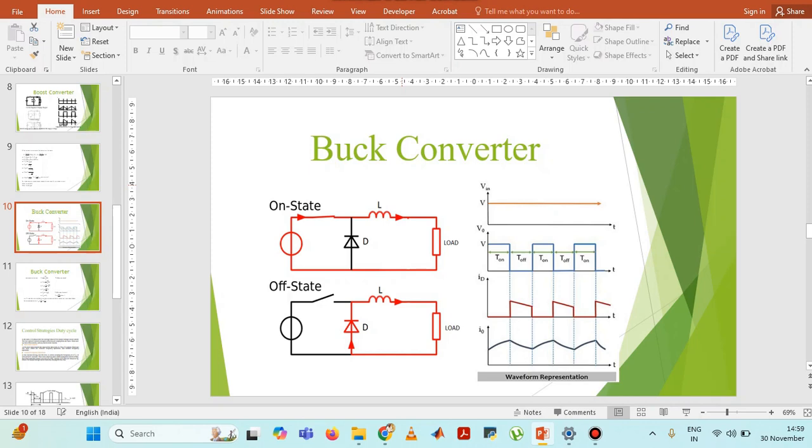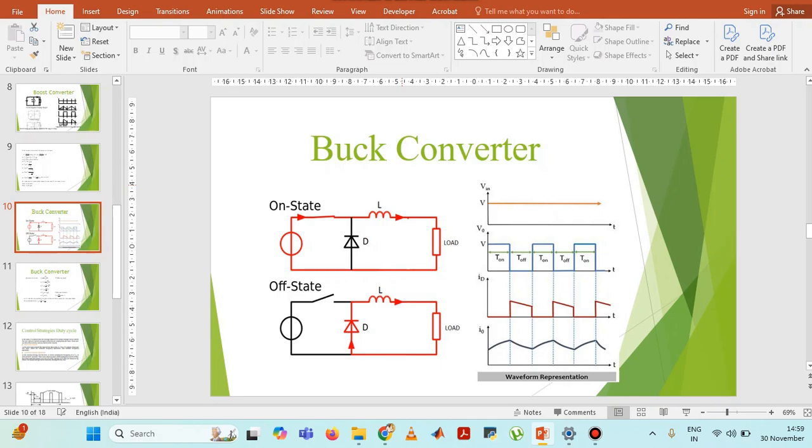So in case of the off time, when the switch is off, that means the switch portion is not connected in the circuit. That means whatever energy is stored in the inductor is released through the load through the diode. Okay, so the switch is open right now, interrupting the direct current flow from the input.